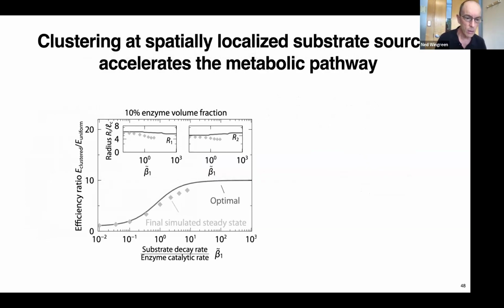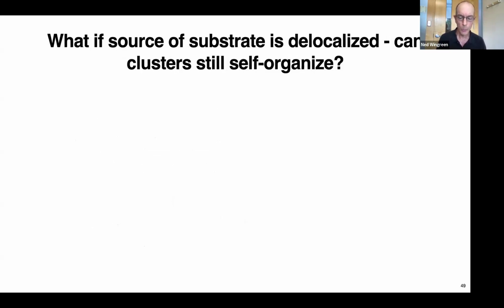And what you can see here is that for this self-organized state, which is these gray diamonds in the main panel, as you increase the substrate decay rate over the enzyme catalytic rate, as the substrates become more and more unstable, so that clustering around them to grab them all quickly is important, the efficiency goes up, and the efficiency of this self-organized state is pretty close to optimal, which is great. You only see there, well, maybe efficiency is increased by a factor of 6 or so, but you can make that higher by, well, I didn't show that here.